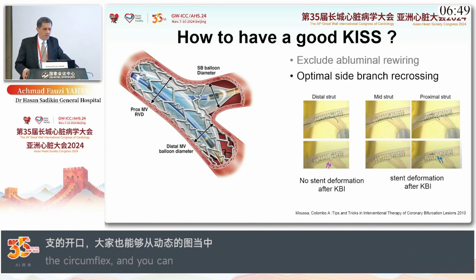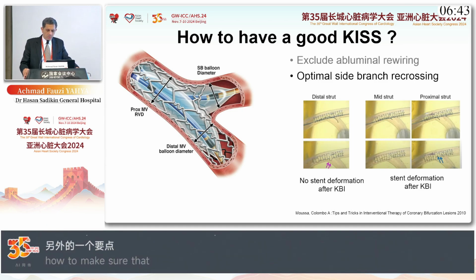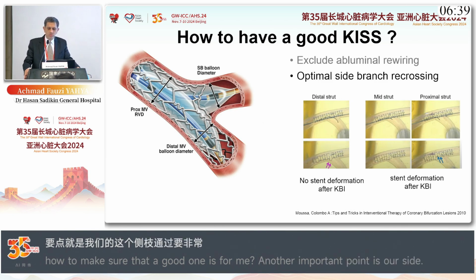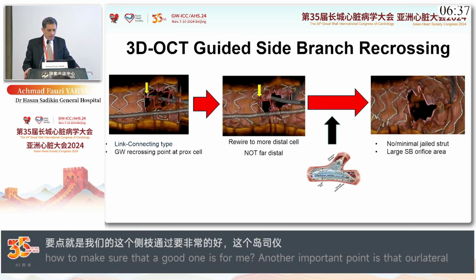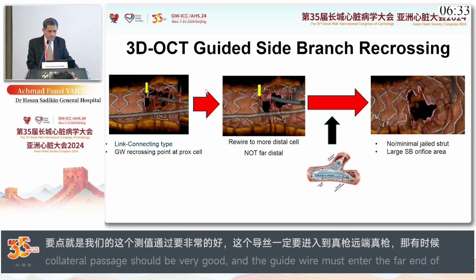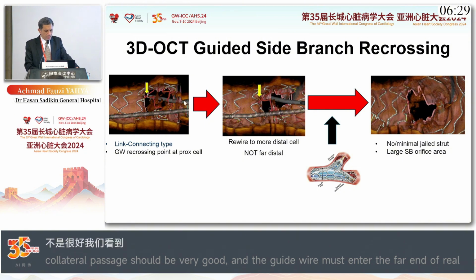How to have a good kiss? Another point that we have to consider is optimal side branch recrossing. We already know that the wire has to go to the distal strut, but sometimes the distal part is not the right route. There is a connecting link at the guide wire recrossing point at the proximal part.